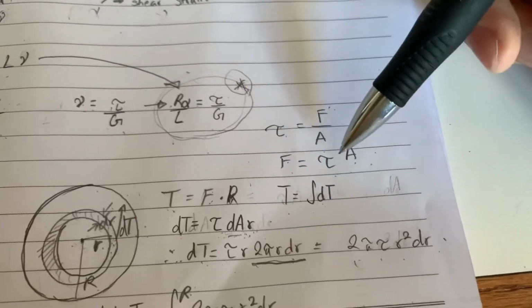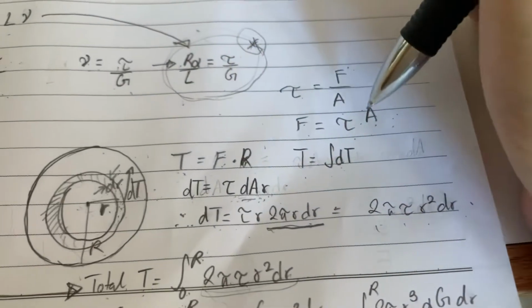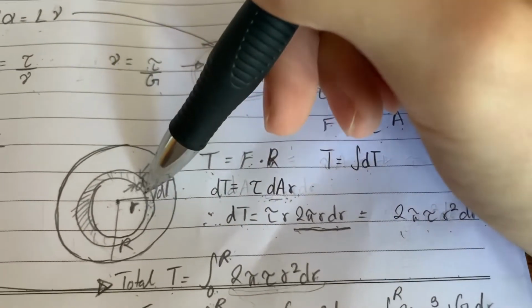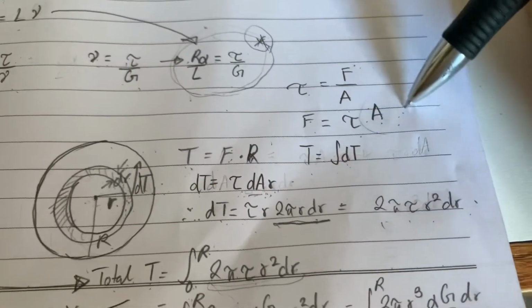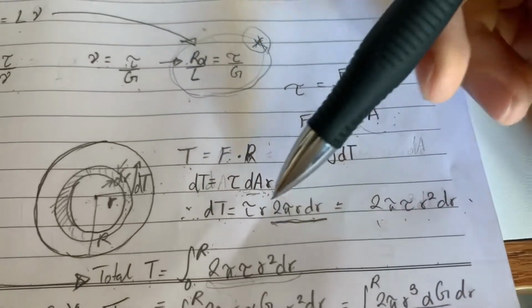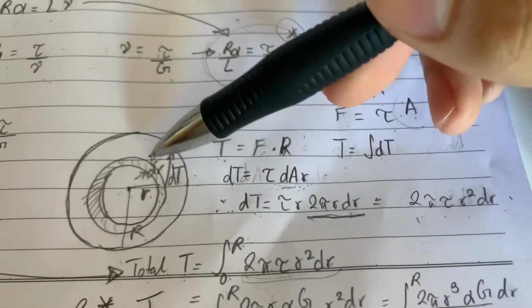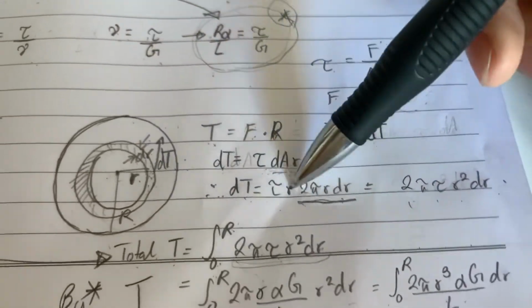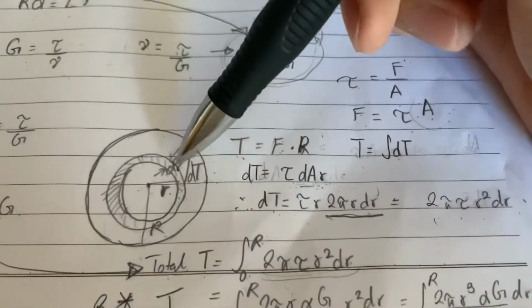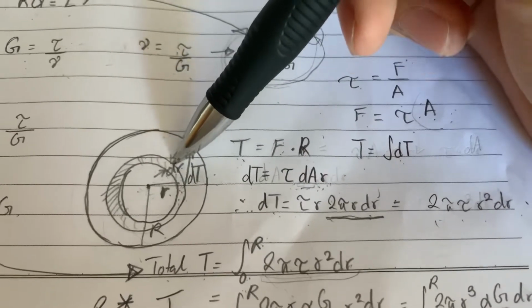Therefore, force will be tau times area. But for the incremental rings, it's not the entire area of the circle, but dA, the incremental area of each ring. And this incremental area is equal to 2 pi r dr, since dr is the thickness of each of these incremental rings.